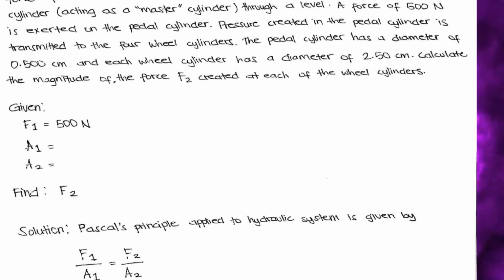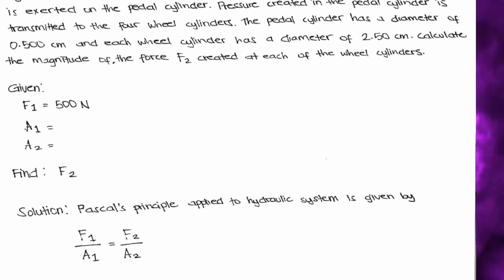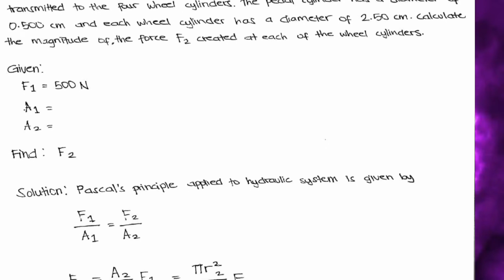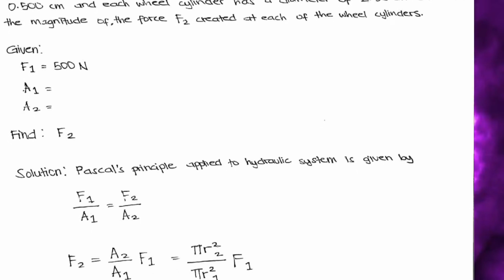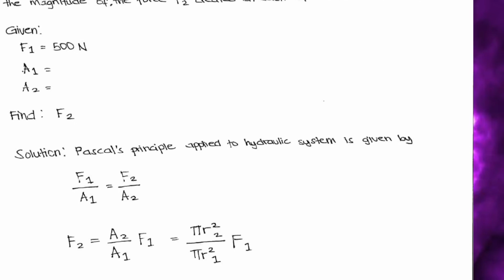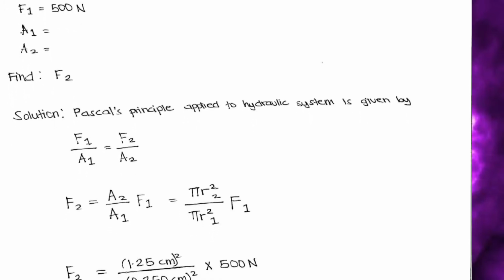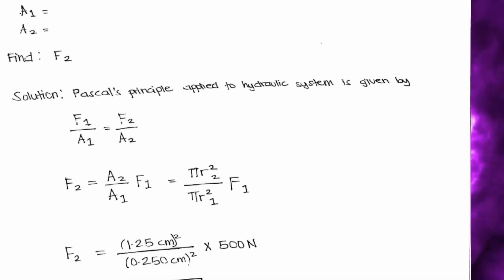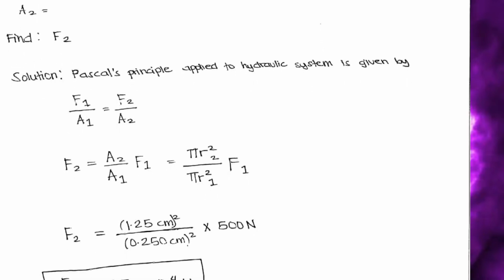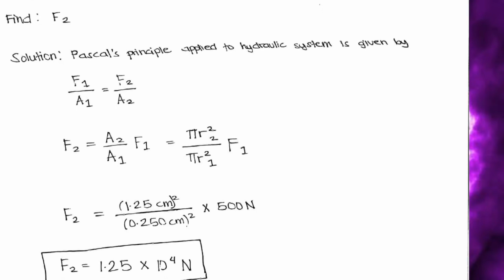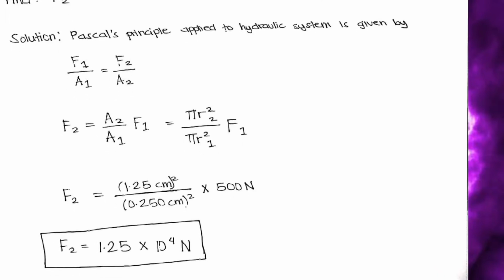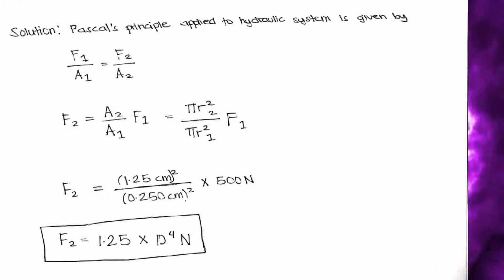Pascal's principle applied to a hydraulic system is given by the formula F1 over A1 is equal to F2 over A2. So since what we want to find is force 2, we rearrange the equation as force 2 is equal to A2 over A1 times F1, which is equal to pi r squared 2 divided by pi r squared 1 times F1.